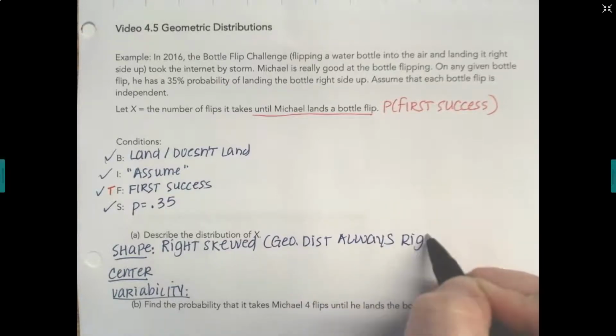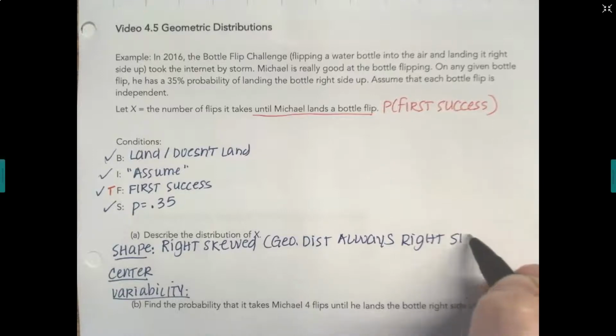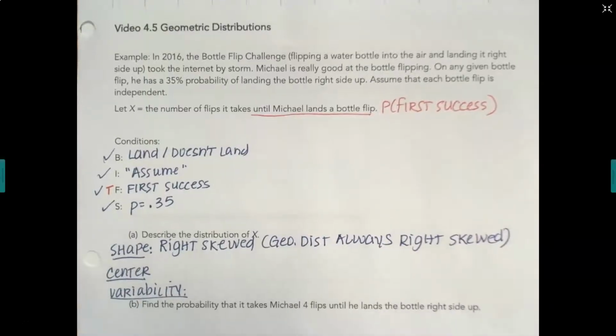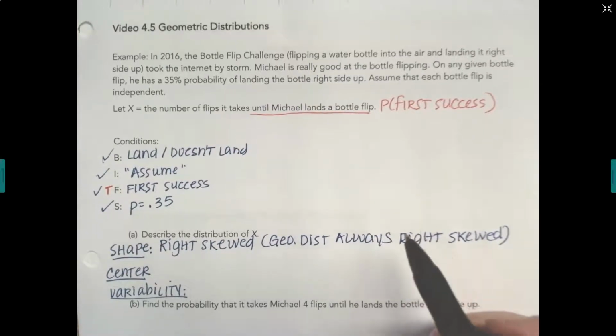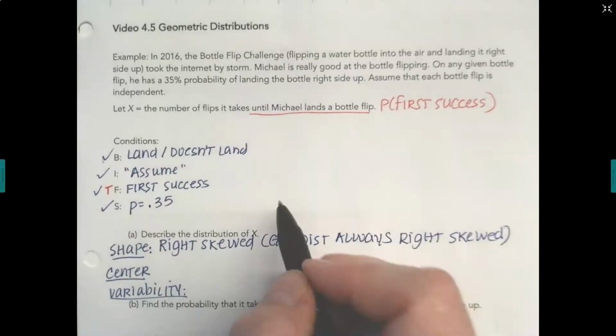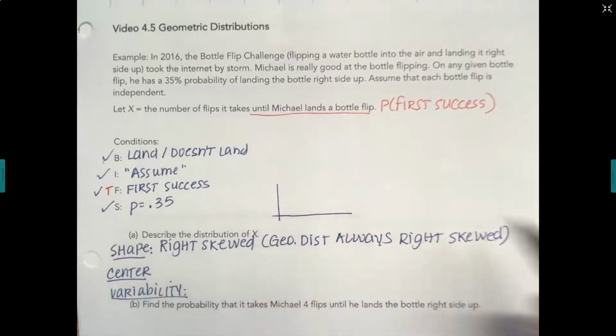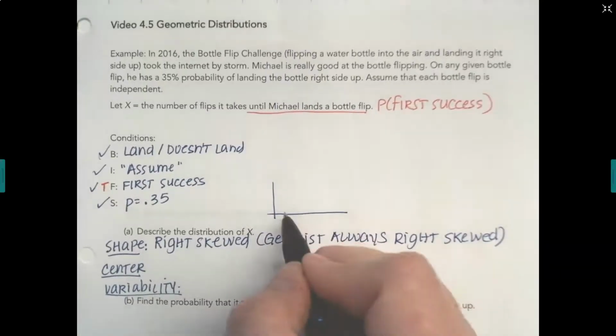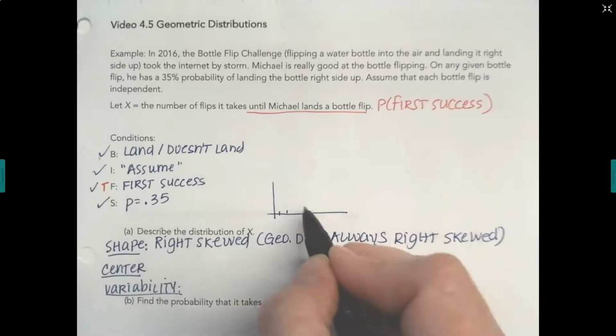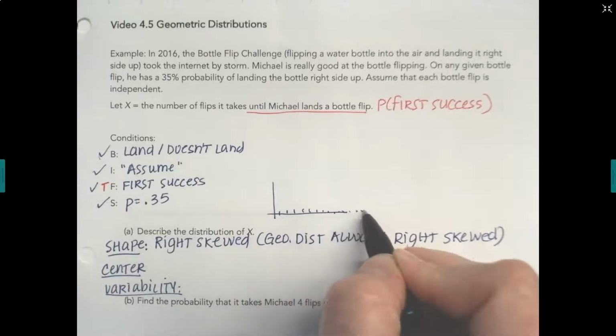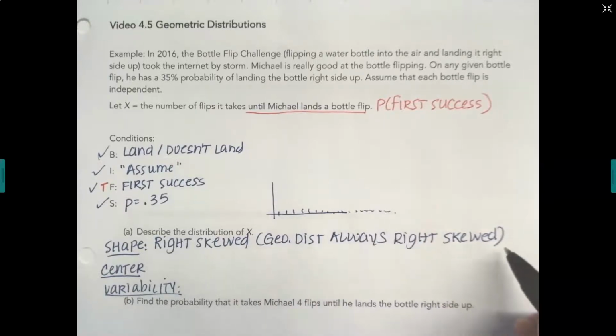Now the reason for that is we're talking about the probability of first success. So if we're looking at a long run of flipping bottles, so if we have our space here, he's successful on the first one, or he's successful on the second one, or the third one, and this could go on forever and ever, conceivably.